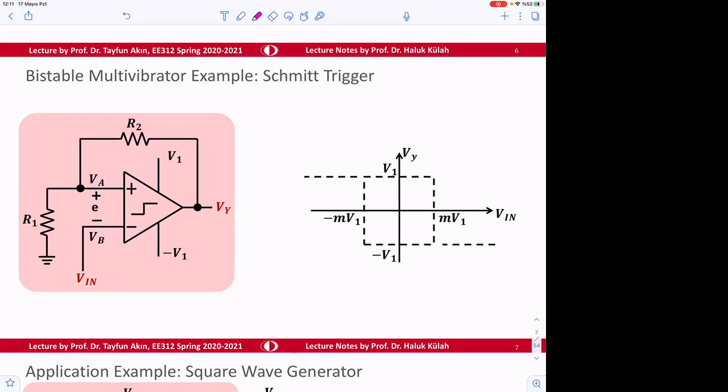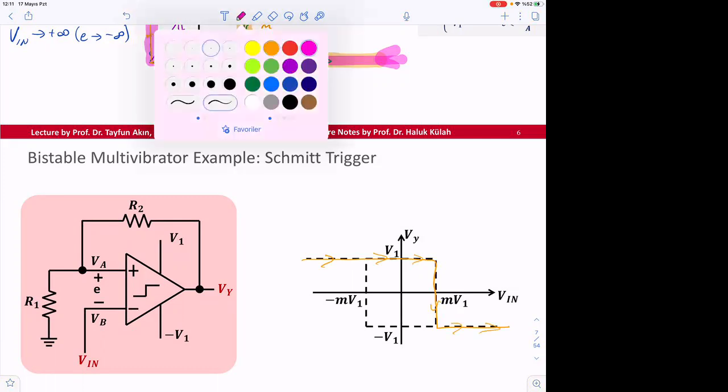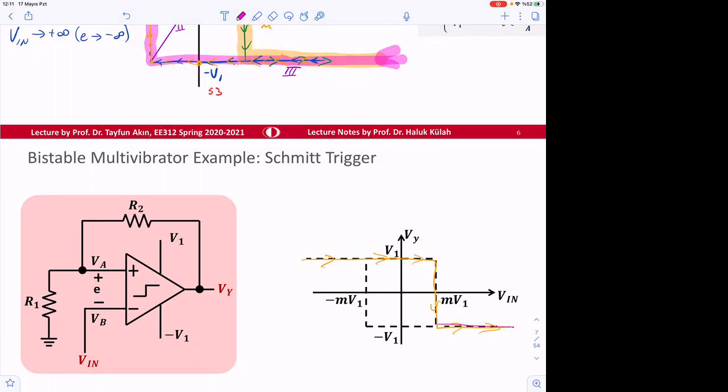So this is the same thing, just to repeat things. If the signal is coming from here, it will be switching down like that. But if the signal is coming from this other extreme, it will be going and switching like this.